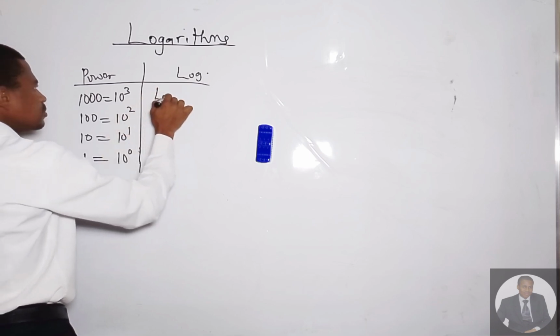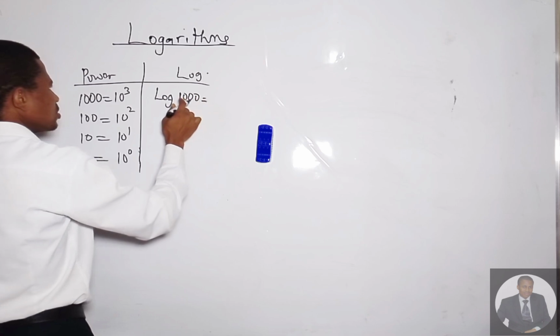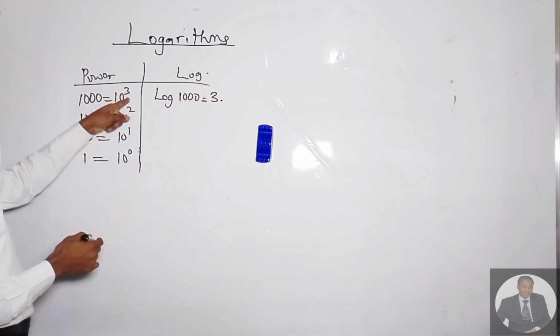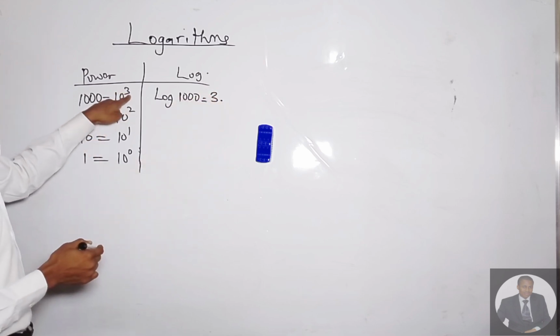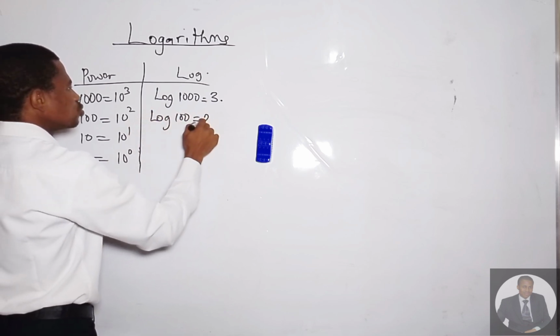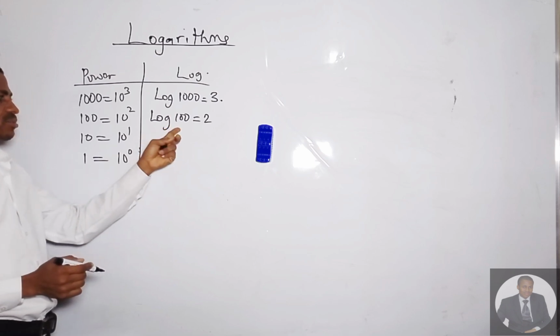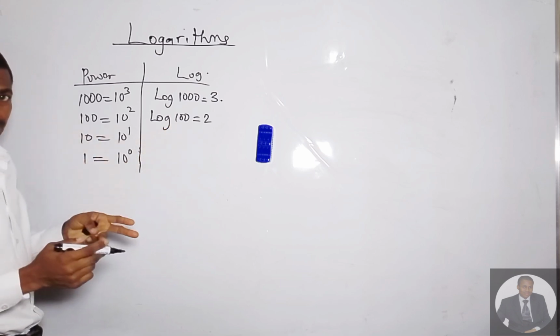So the logarithm of 1000 is 3, the power to which 10 is raised. The logarithm of 100 is 2. Generally, log or logarithm is usually in base 10, but we don't normally write that base 10.